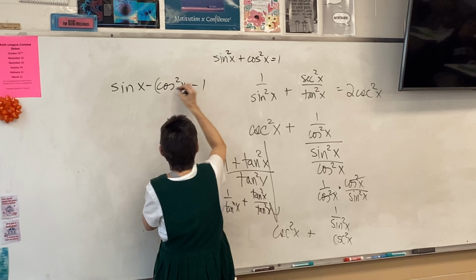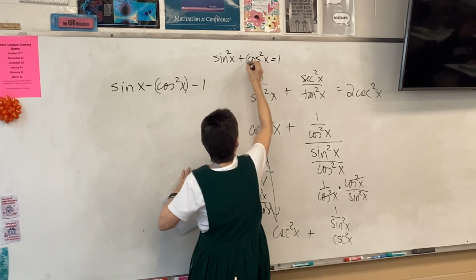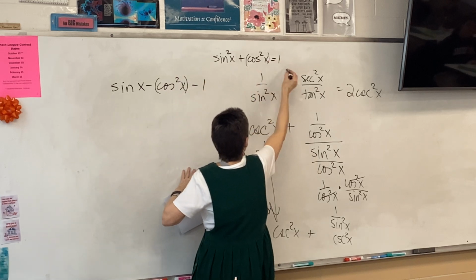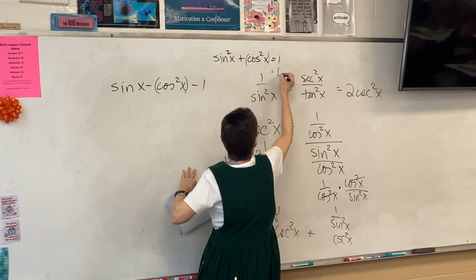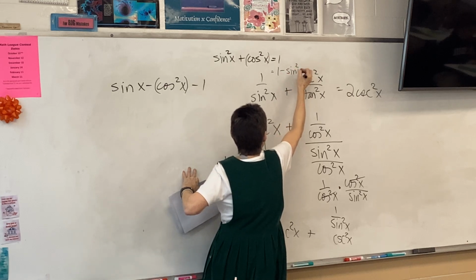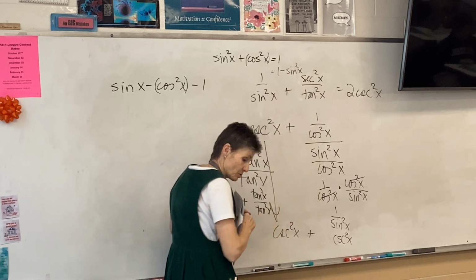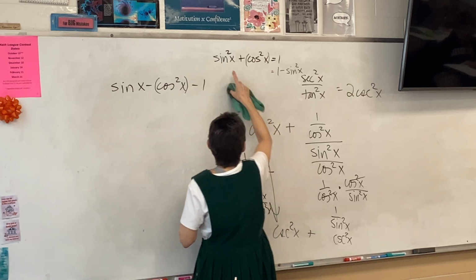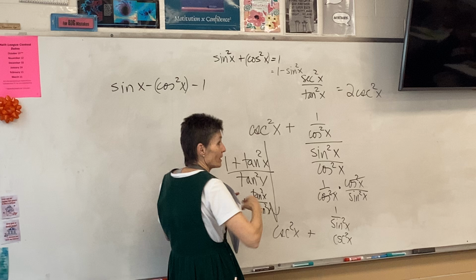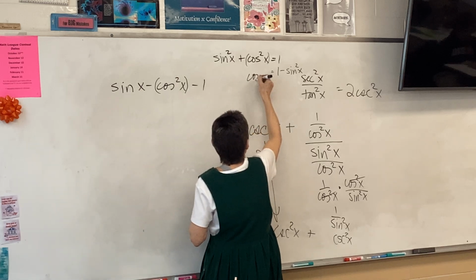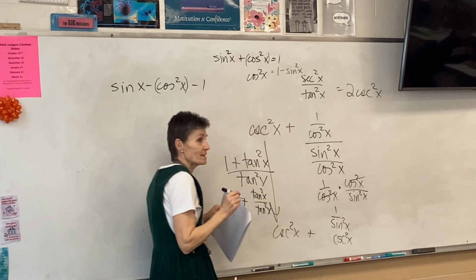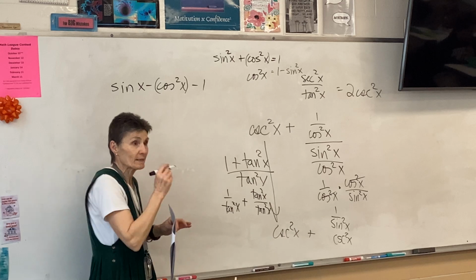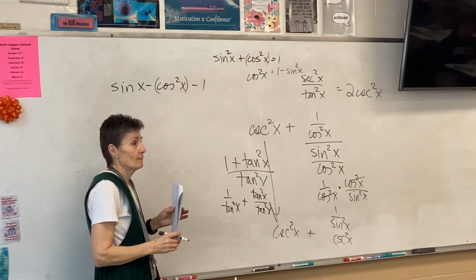So what is just cosine squared? What would that equal? 1 minus sine squared? Kids, it's just a little bit of baby arithmetic here. We're just gonna subtract that sine squared, right? So doesn't that say cosine squared equals 1 minus sine squared? You can write that down on your reference sheet if you want.